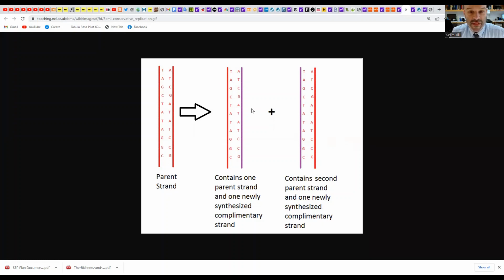So now each of these strands has half of the original strand of DNA, while it has a copy of its mirror image. So what we say is that this strand has been replicated semi-conservatively.